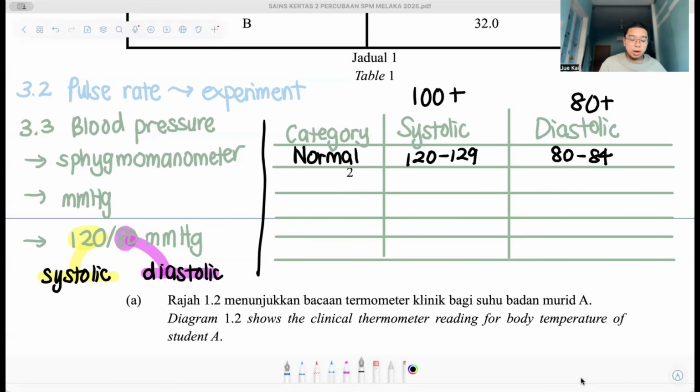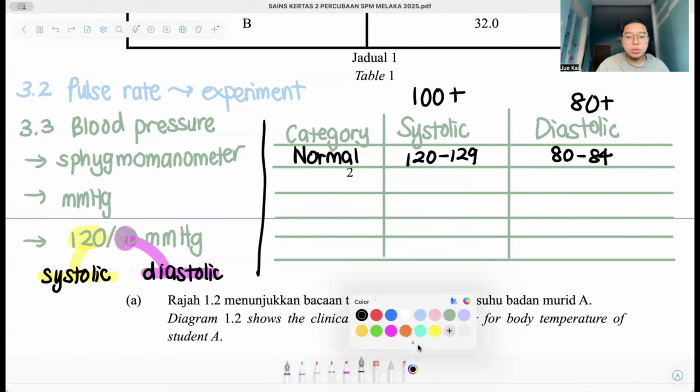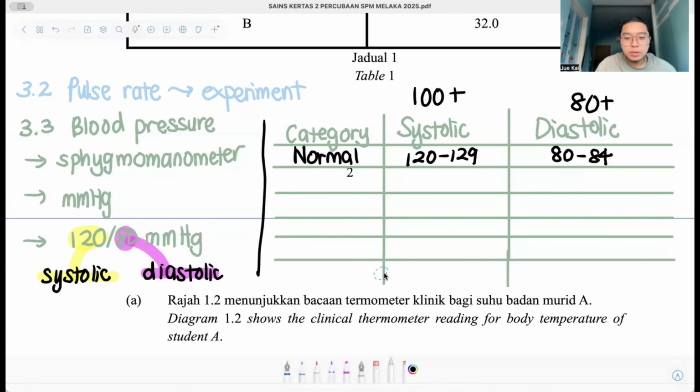Right now, let's proceed to optimal. What is the meaning of optimal? Okay, I want to use a color that is a bit scary. Wait, category, we have six types of category, you know. Okay, I don't care. Let me draw first.